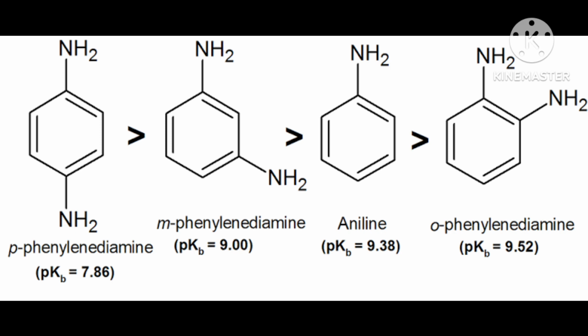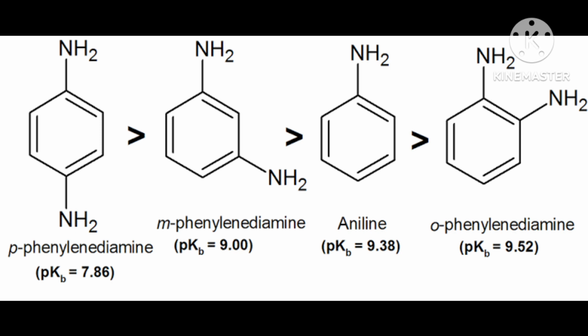N will give electron to the H plus and it will form RNH3+. RNH2 was there, now it became RNH3. N has positive charge. Here R is attached, that is called alkyl amine.